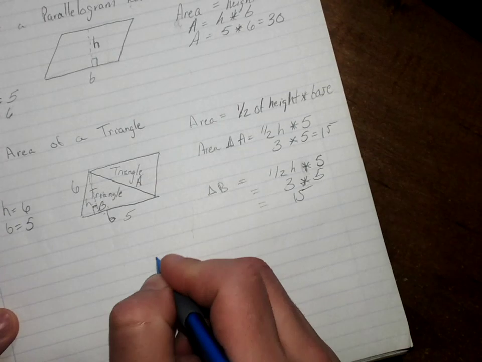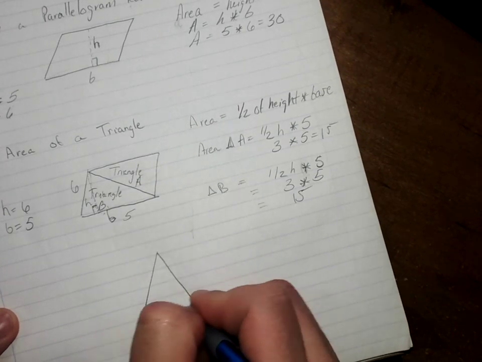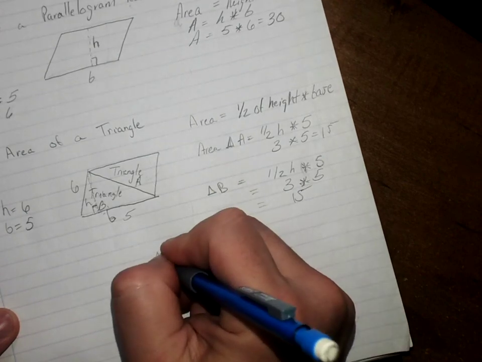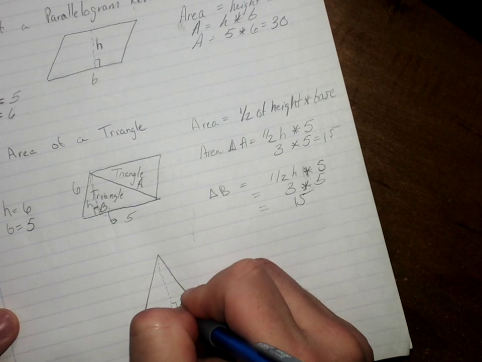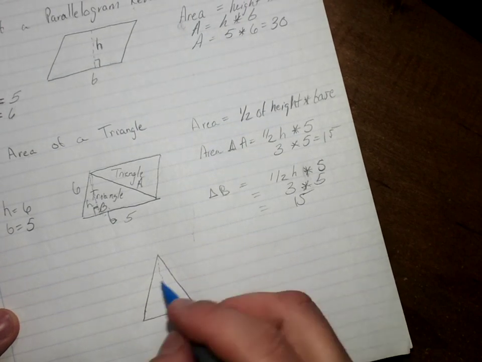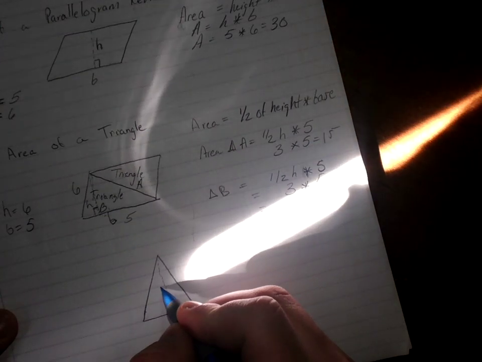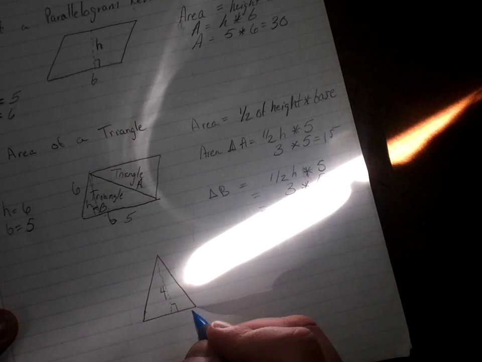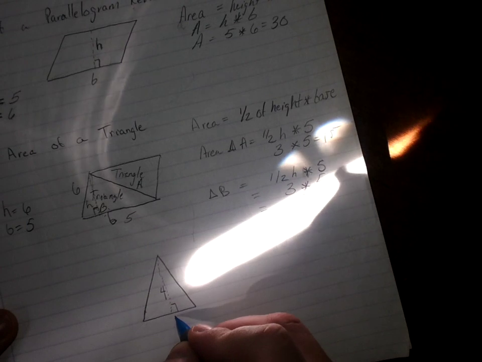I will draw a triangle for you if that helps, and we will do one as practice. So let's say that this is the height, and let's call this height 4. And we'll say that this base, we'll call it 3.